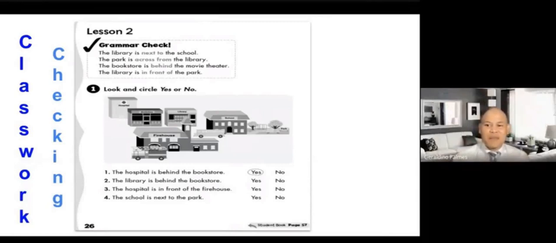Good job. Behind. Across from, behind, and then around. Right here, we can see 4 different prepositions. Next to, the first one in the example in the grammar box. Across from, behind, and in front of. Now let's look at this picture.